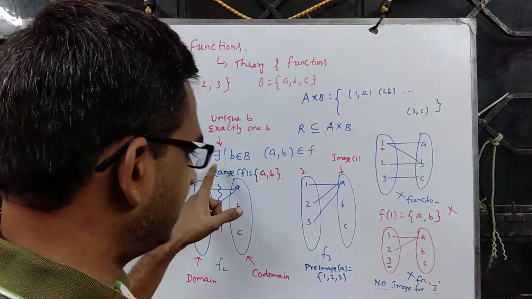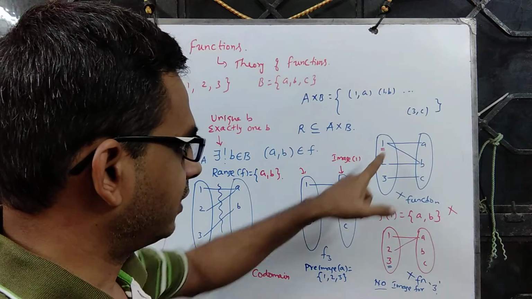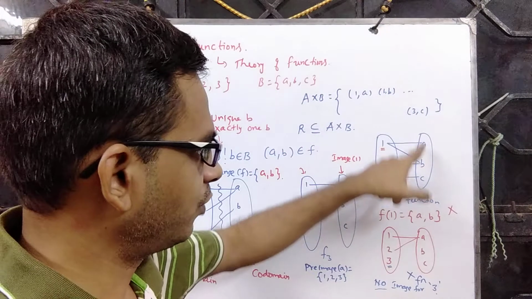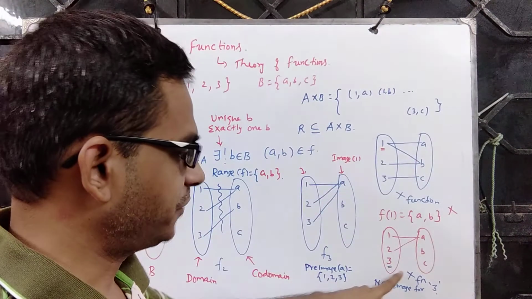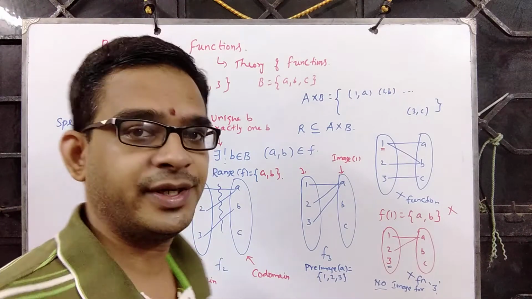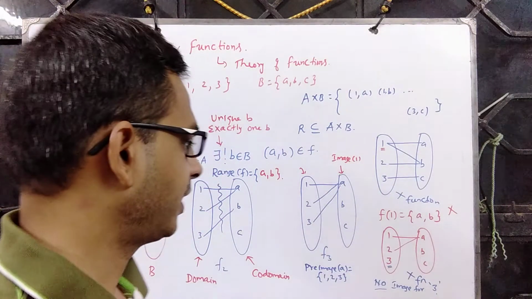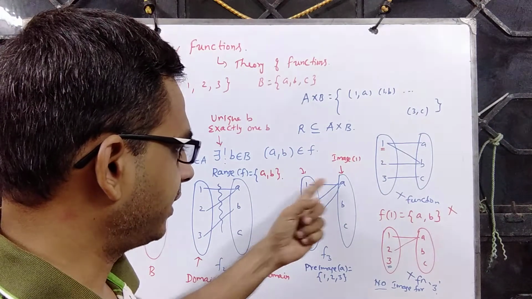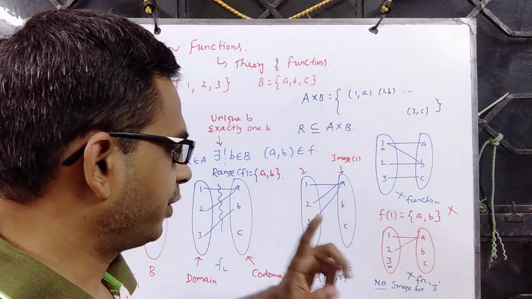Remember, as per this definition, this is not a function because this one is mapping to more than one element. This one is not a function because here is an element for which there is no image at all. And for an element, we talk about its image in the codomain.